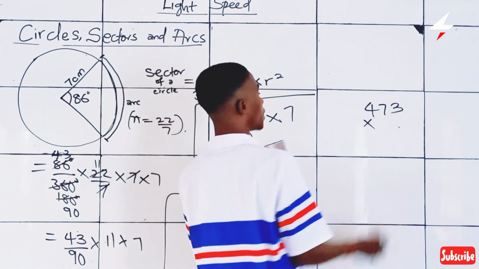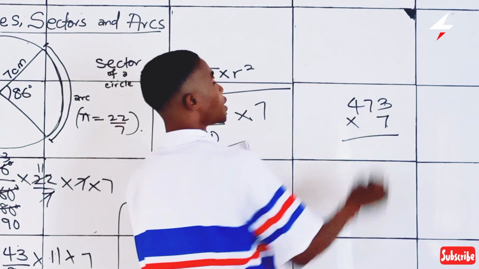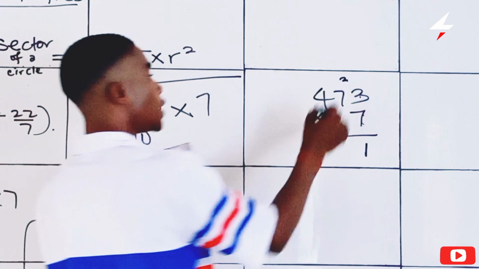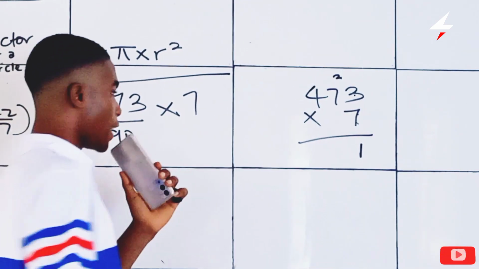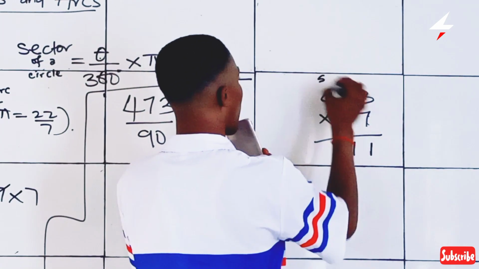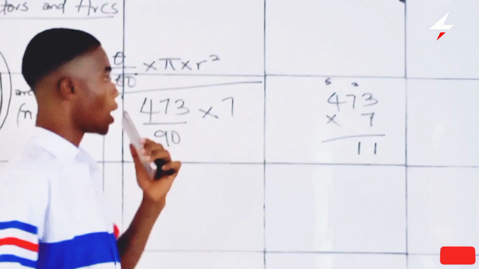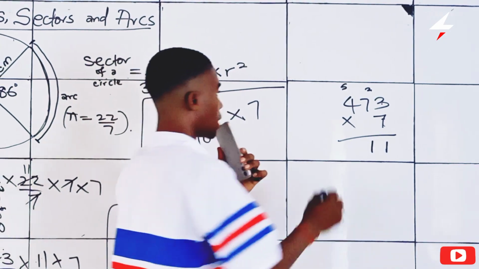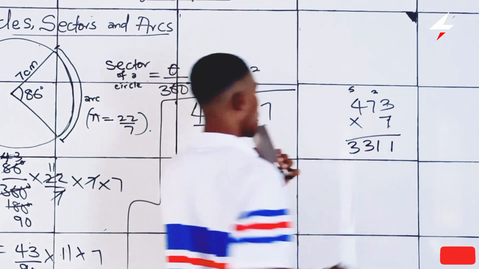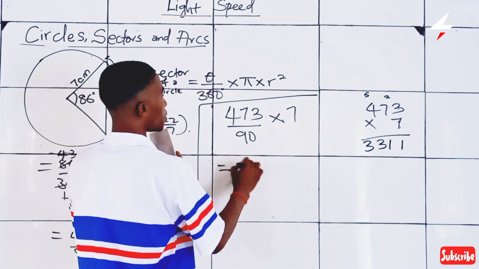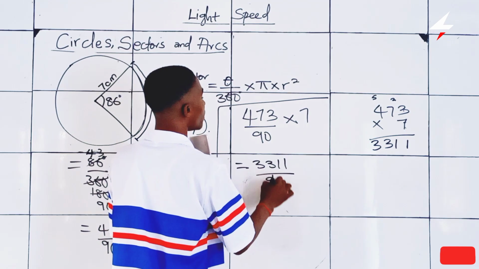So 473 times 7. 7 times 3 gives us 21. We put the 1 and carry 2. 7 times 7 gives us 49, plus 2 gives 51. Put down 1, carry 5. 7 times 4 gives us 28, plus 5 gives us 33. So that gives us 3,311. Our sector is 3,311 divided by 90.